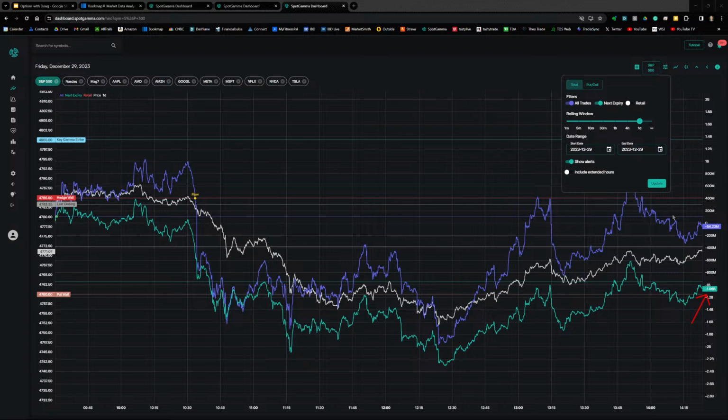The purple line is all expirations, and the green line is the zero DTE. For the S&P 500, those are trades that expire today. So all expirations much more bullish than the zero DTE traders.